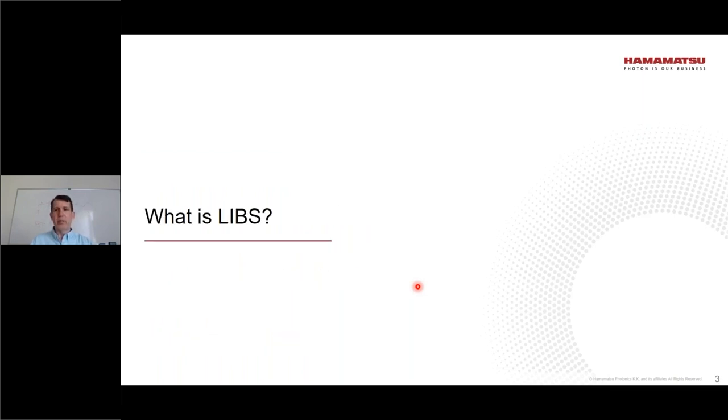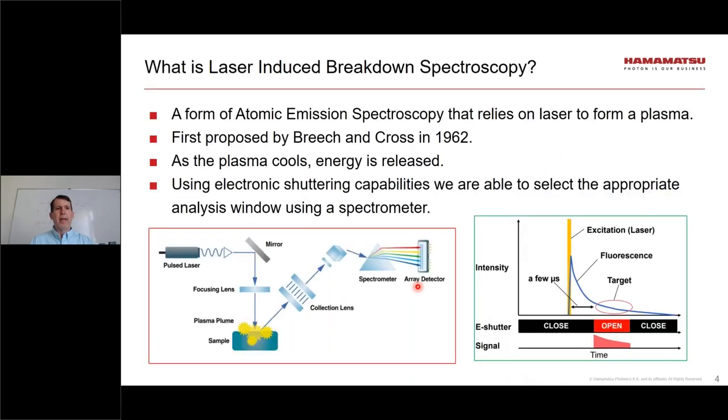So what is LIBS? As I mentioned, LIBS stands for laser-induced breakdown spectroscopy. As shown on the left here is a diagram of a typical LIBS system. And it's important to note that LIBS is part of the atomic emission spectroscopy family of applications.